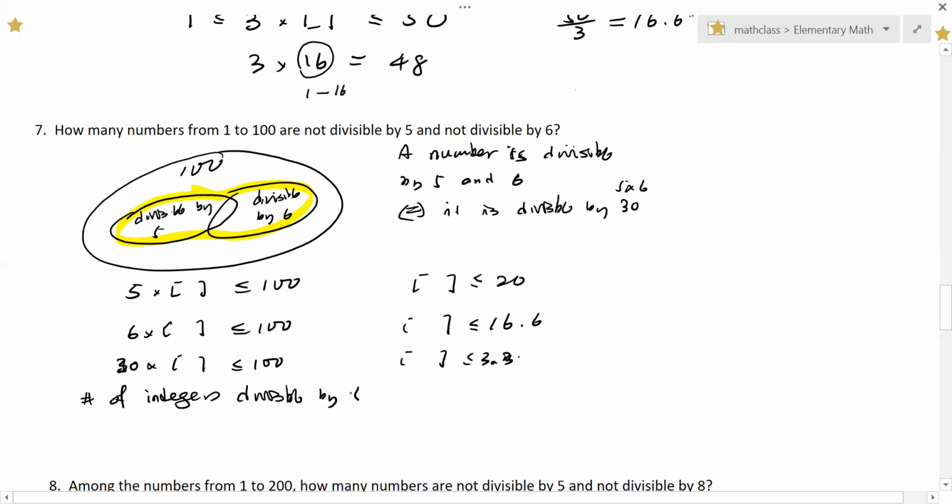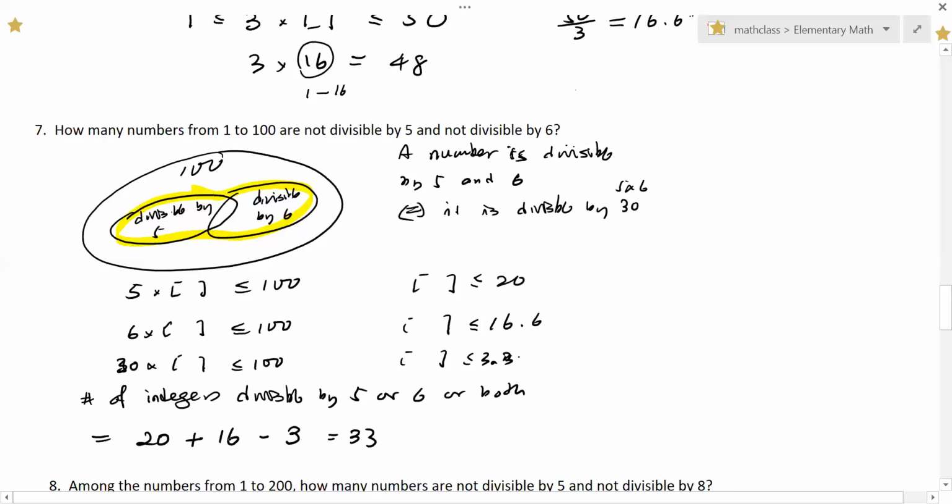divisible by 5 or 6 or both, okay, is going to be 20 plus 16. You have to minus those divisible by both. So that is going to be 20 plus 16 minus 3, it's 33.